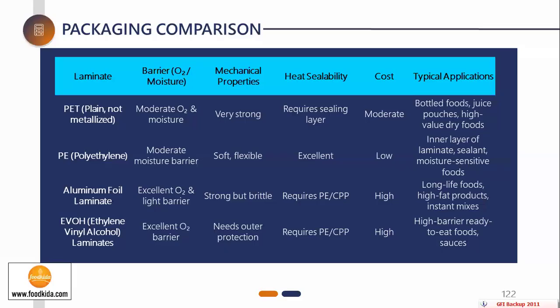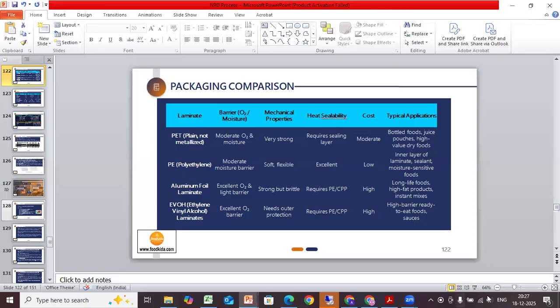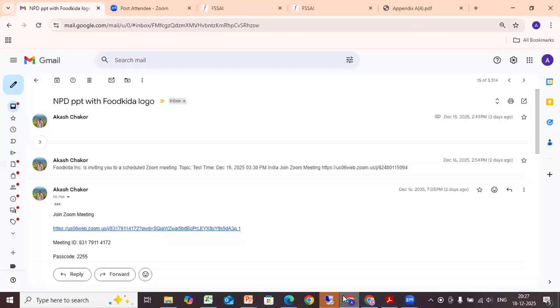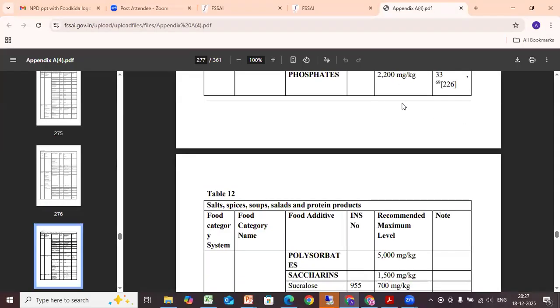Sir, one question actually. You showed the FSSAI website. I want to fortify bread. We want to value add, adding minerals and vitamins in that. Is there a document like this present on the FSSAI website from which I can take reference and then develop my product?